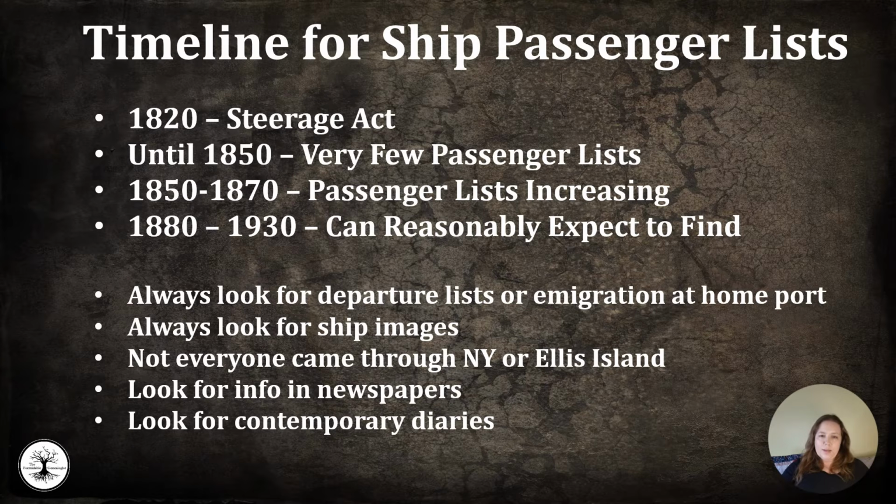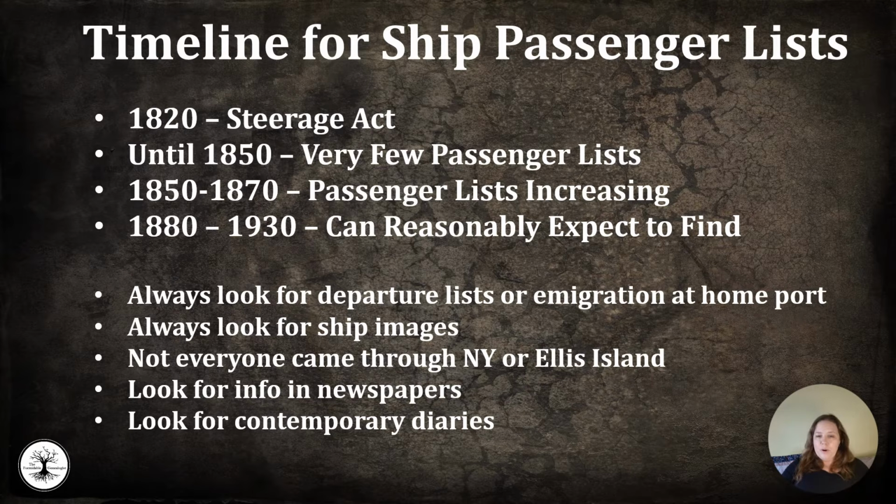So prior to that, even ships didn't need to register. Until 1850, there were very few passenger lists. Starting in 1850 to 1870, there are more and more that are still surviving and that you can find. But I would say from 1880 to 1930, you can reasonably expect to find one for your immigrant ancestor.